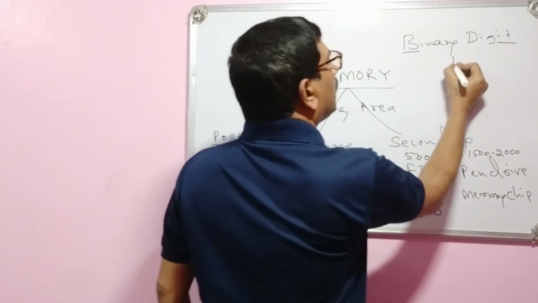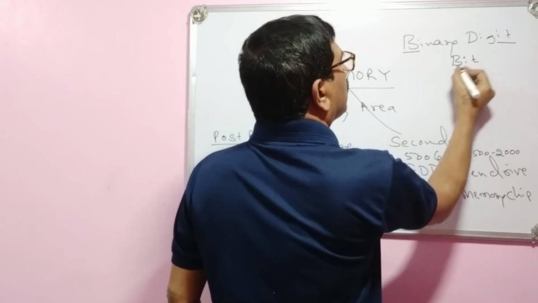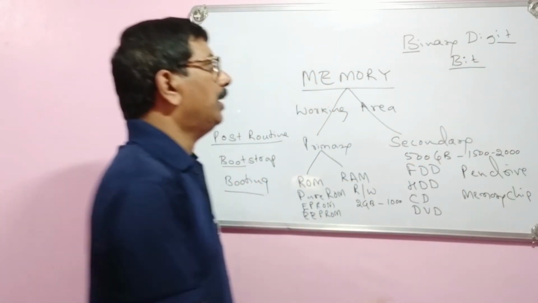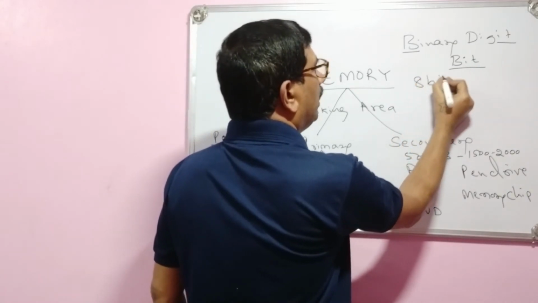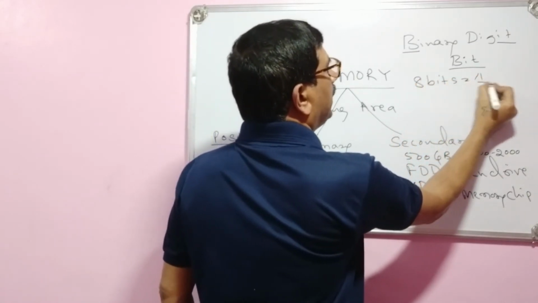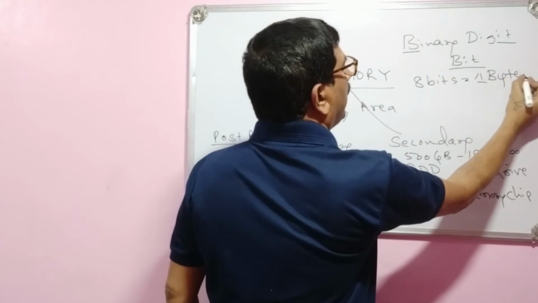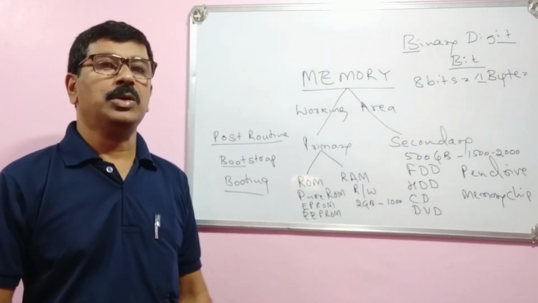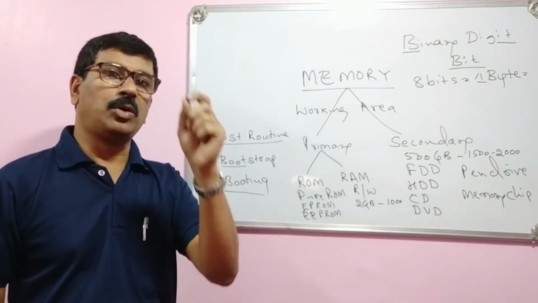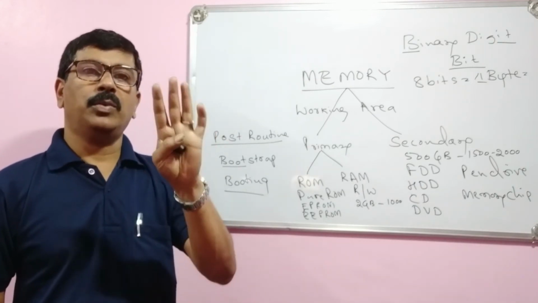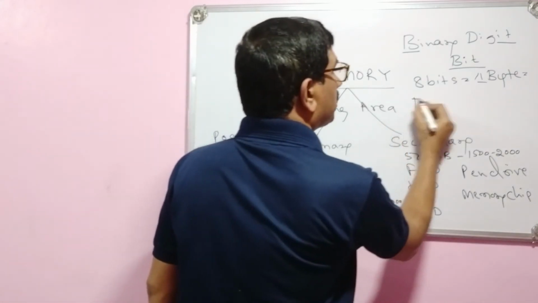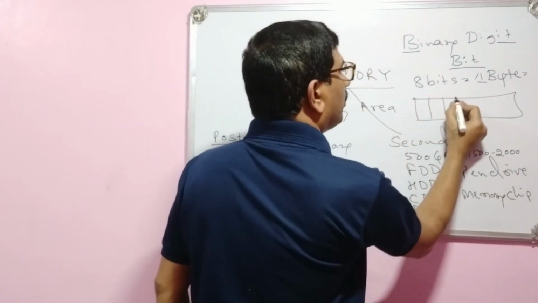This 0 and 1 combination, 0 or 1, we call a bit. 8 bits will make 1 byte. And 1 byte is nothing but 1 character. In a computer, to store any one character, we need 8 bits. That means the combination of 8 switches will make 1 character.